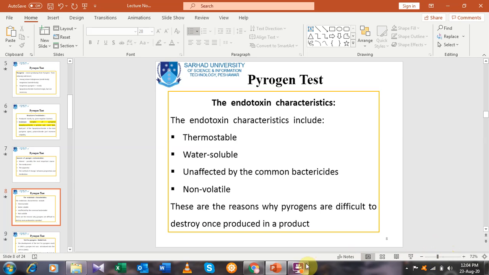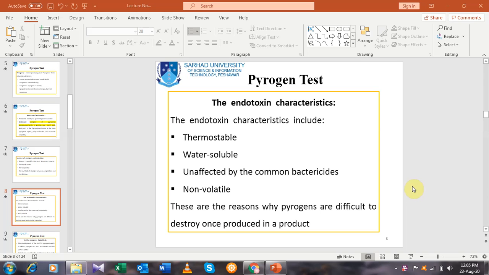That's why we have to focus on a particular material, a particular formulation, medicines, or preparation, that it should be protected from the entry of the endotoxin, because once the endotoxin enters the pharmaceutical preparation, we will not be able to easily remove the endotoxin from the formulation, because of the thermostable nature and the aqueous solubility, and because it is unaffected by the common bactericide.